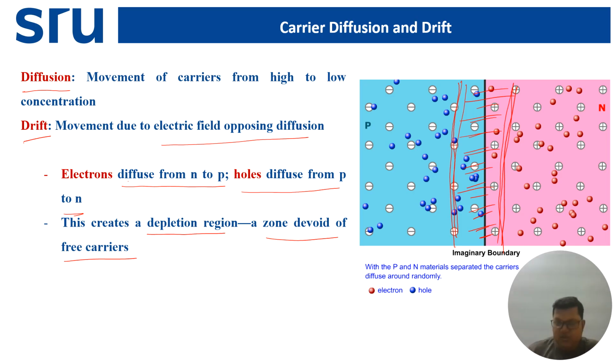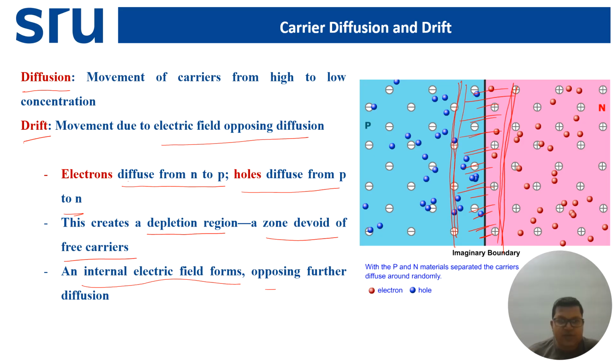An internal electric field forms, opposing further diffusion. Because of the pile up of charge near this region, this side is negative and this side is positive.